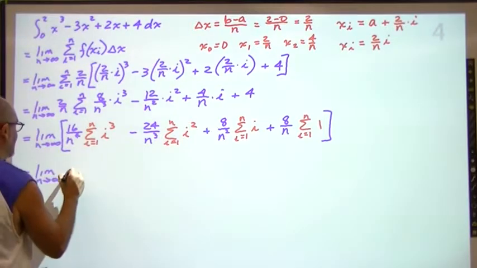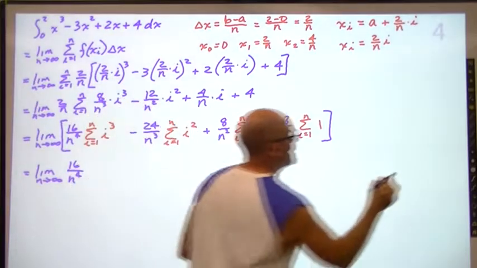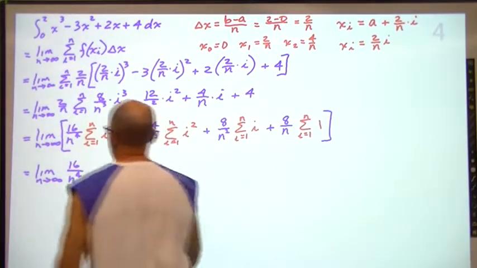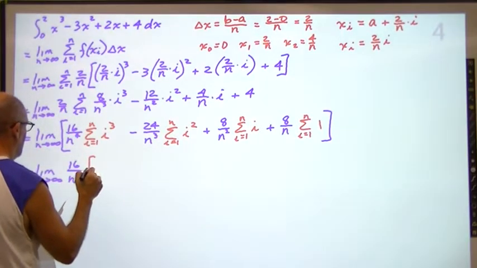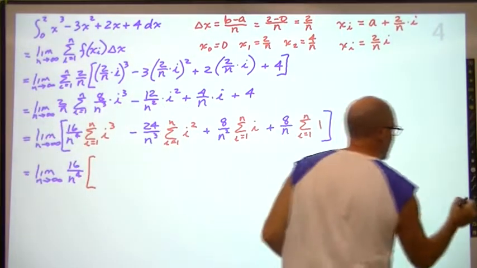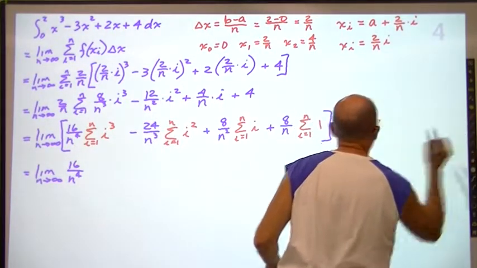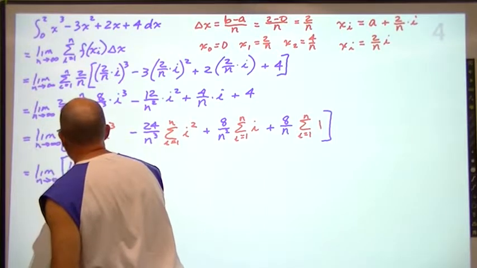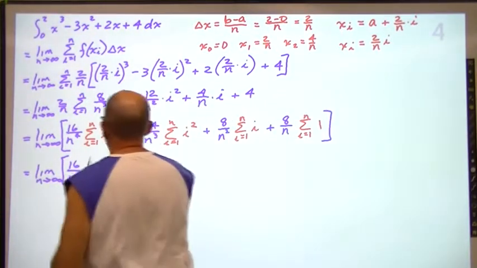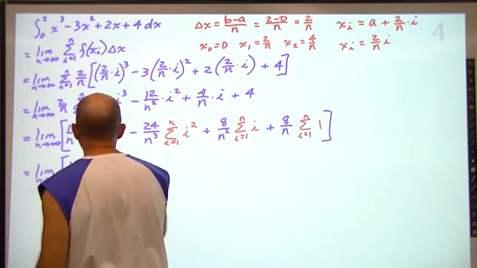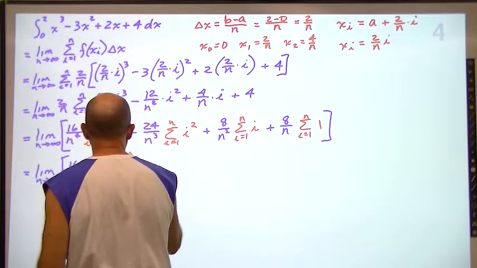So we've got 16 over n to the fourth times, actually, let's do it like this. We're going to do the limit all at once. And now this thing is n times n plus 1 all over 2 squared.